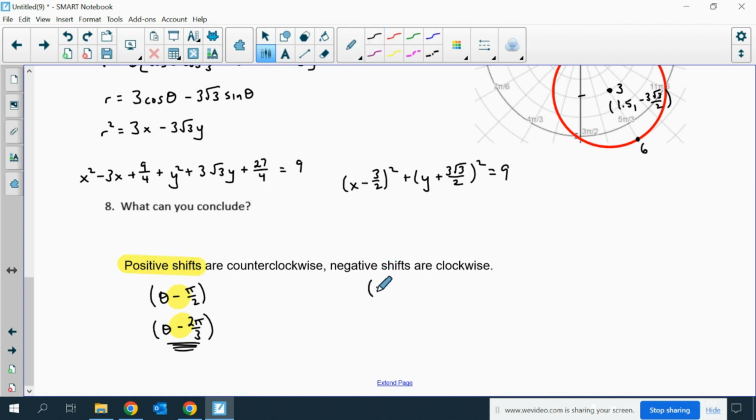And if I have something like theta plus pi fourths or theta plus 5 pi sixths, that would actually be a negative shift, because remember, when I change something on the inside with a variable, it's actually the opposite of what I see.